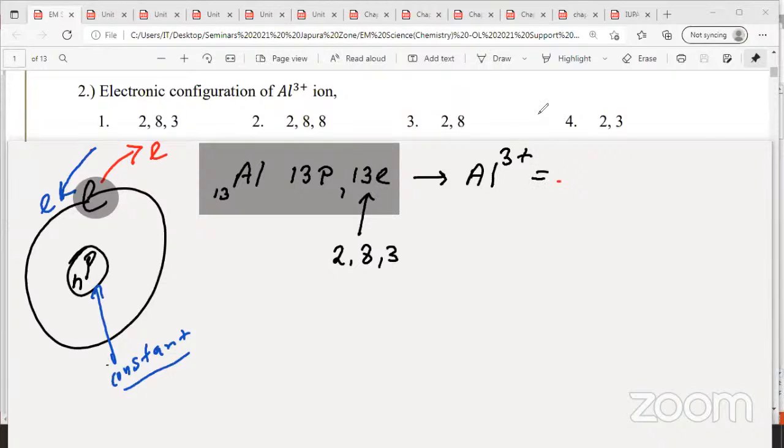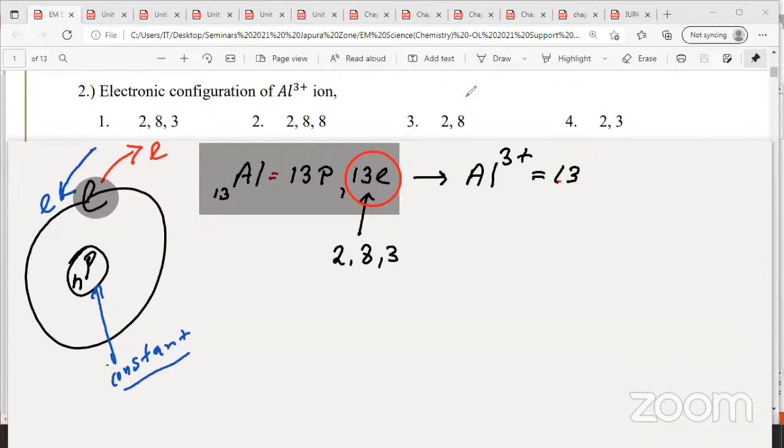Which subatomic particle changes when an atom becomes positive or negative? Electrons. Only the electron number will change. Proton number does not change. This is valid for any atom, not only aluminium, whether it becomes positively or negatively charged: only electrons change, proton number remains unchanged.